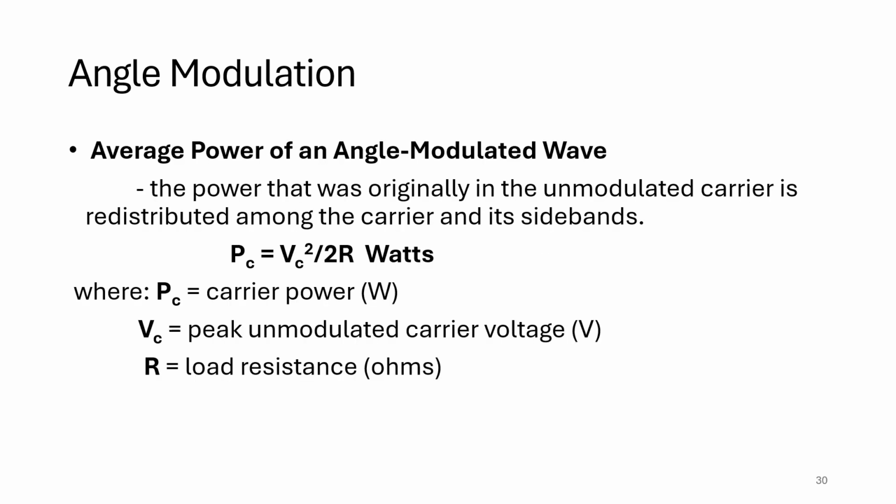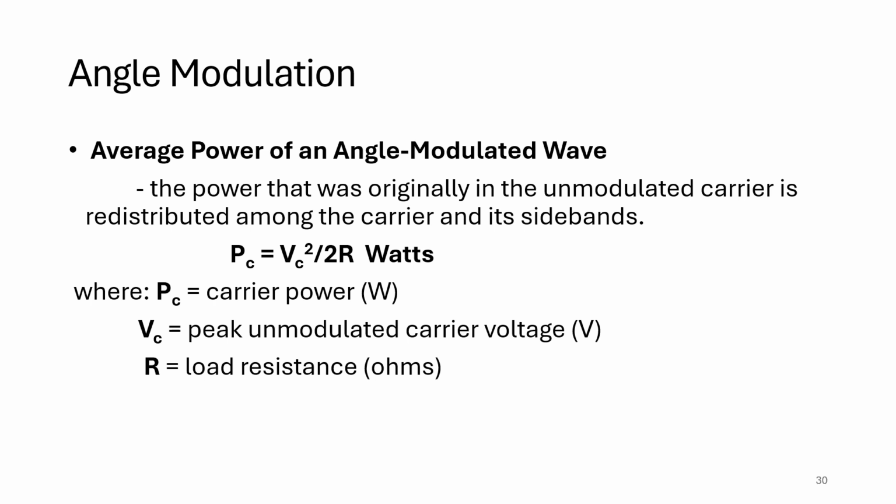One of the most important differences between angle modulation and AM is the distribution of power in the modulated wave. Unlike AM, the total power in an angle modulated wave is equal to the power of the unmodulated carrier. The sidebands do not add power to the composite modulated signal.